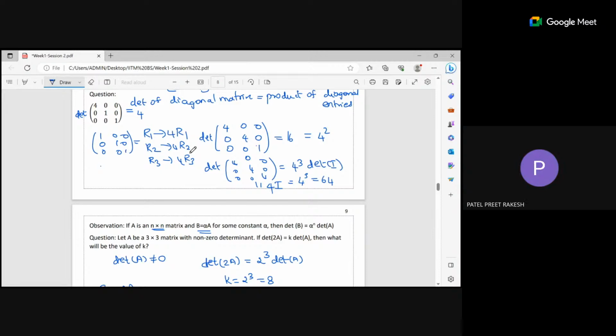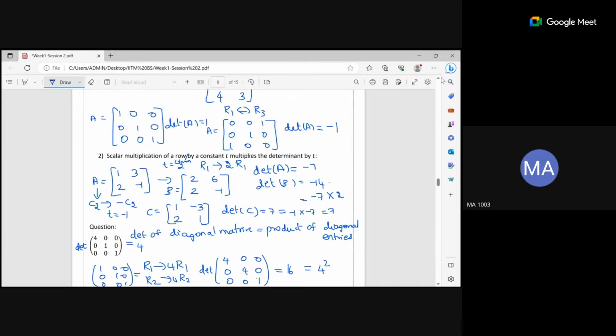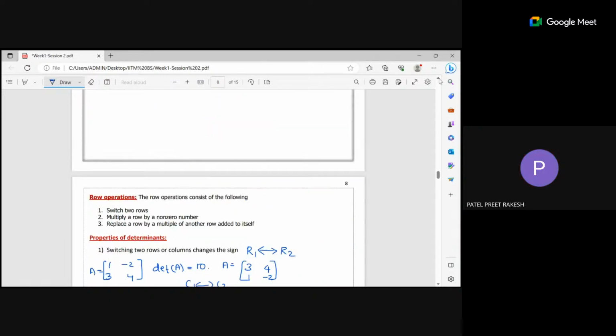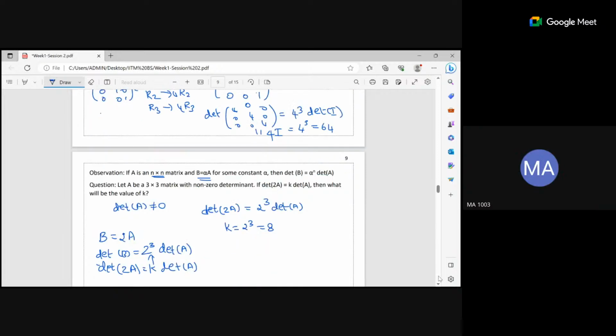No, madam, I did not ask that question. In the upper example you gave, please scroll up. Which example are you talking about? Ma'am, can you please scroll up to the properties of determinant, the second statement, scalar multiplication of a row by a constant?